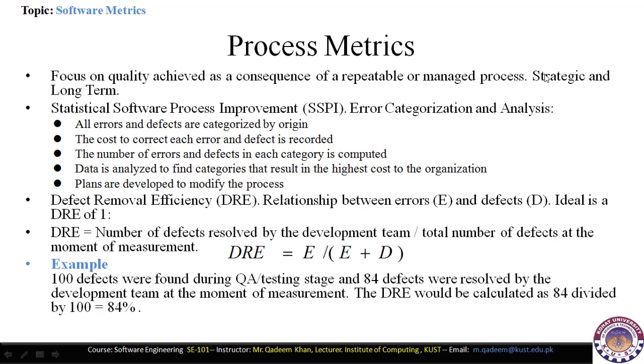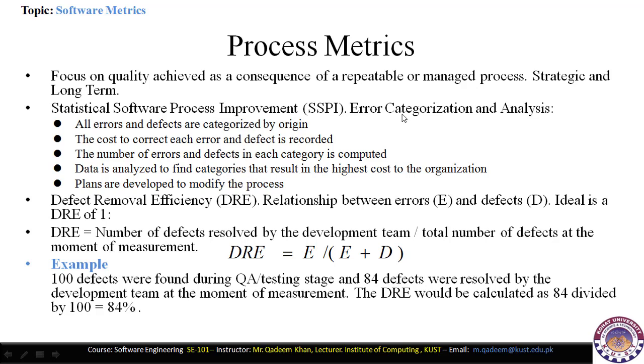Now, for the strategic and long-term improvement, statistical software process improvement is used. So SSPI is a methodology or some standards which are used for the long-term and strategic improvement of the software process. Now, if certain errors arise in programming, then error categorization and analysis is performed.